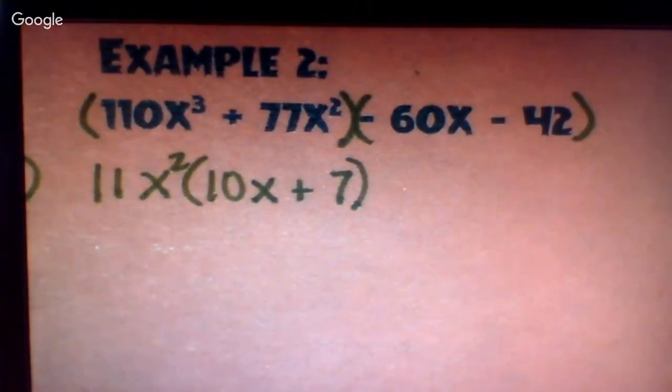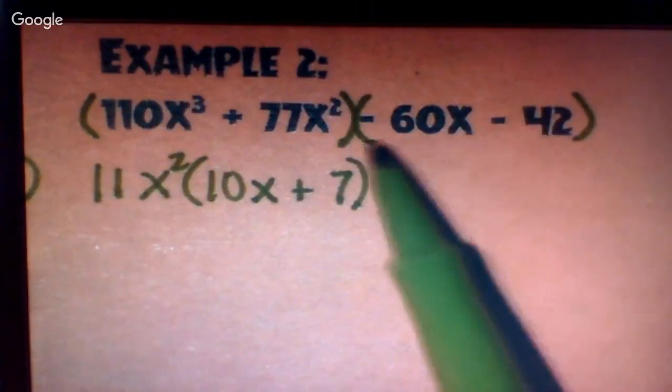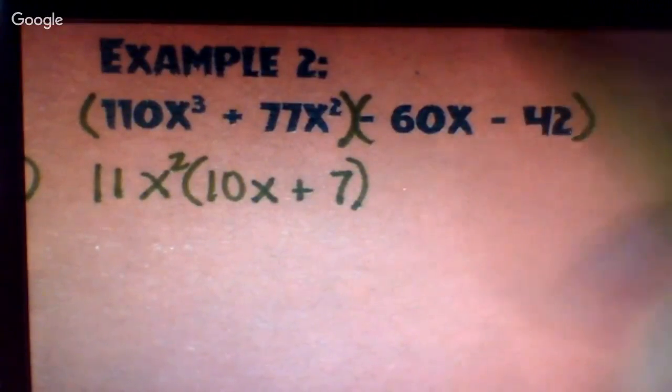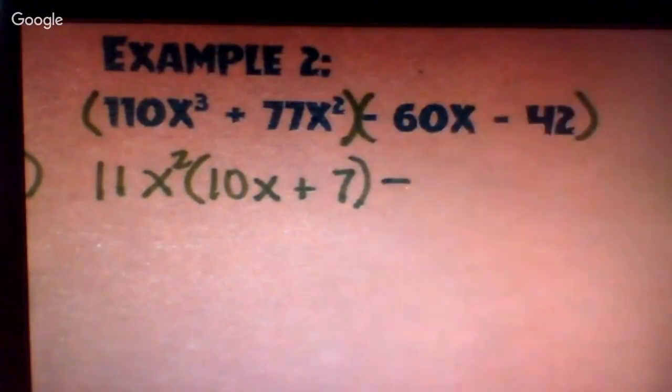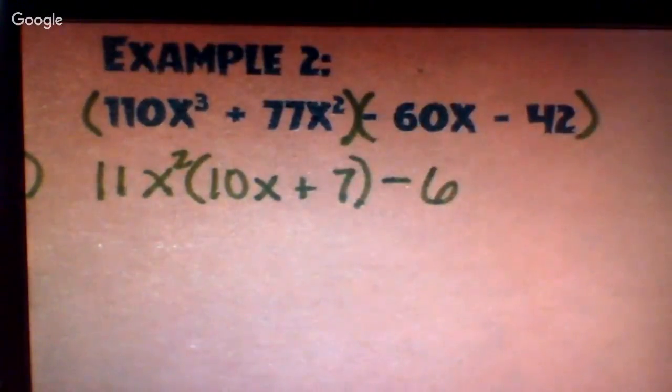Take a look at your next set. We've got 60 and 42. Notice, when the first term is a negative, you're automatically going to pull out a negative. So what can we divide out of 60 and 42? 6. Do they share any x's in common?